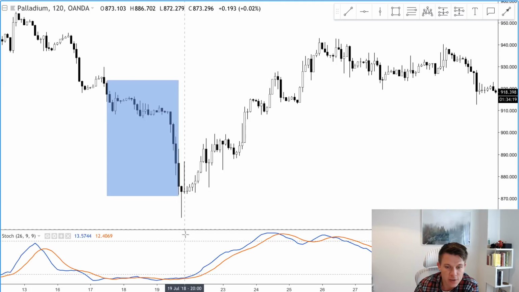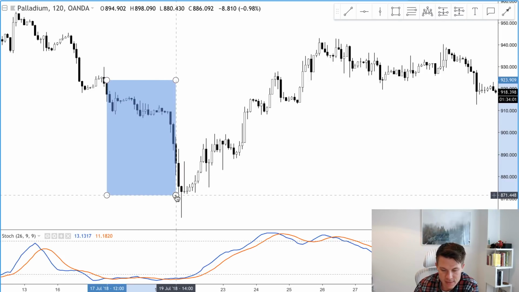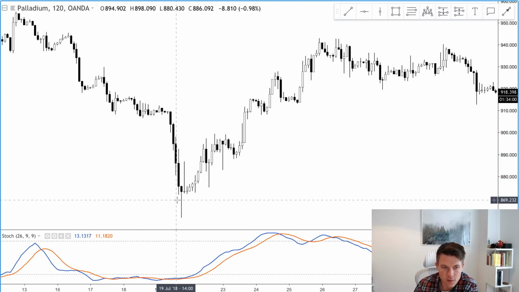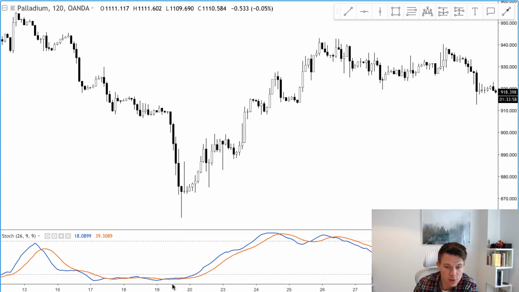So it's very close to the absolute low, and in this case, again, it is 11.8. It would be 0 if the market is closing at the absolute candle low over the past 26 bar range. So you can see how the market is showing you the values of an oversold market.